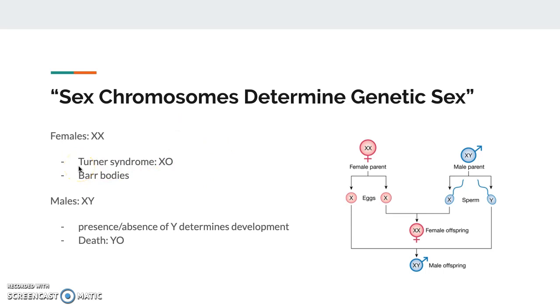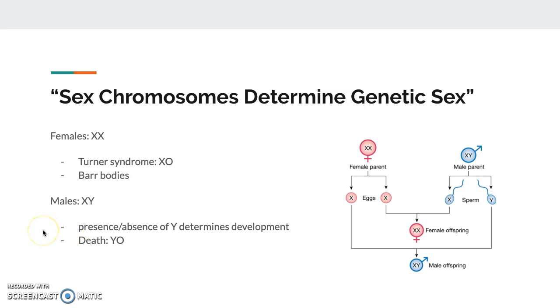The book also talks about Barr bodies: as a female, one of your X chromosomes determines which one is going to be active. The inactive X chromosome becomes a Barr body, which is just a clump of cells that doesn't get used. And then in males, it's XY.